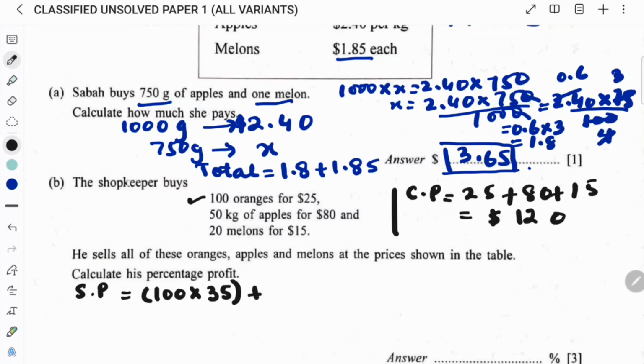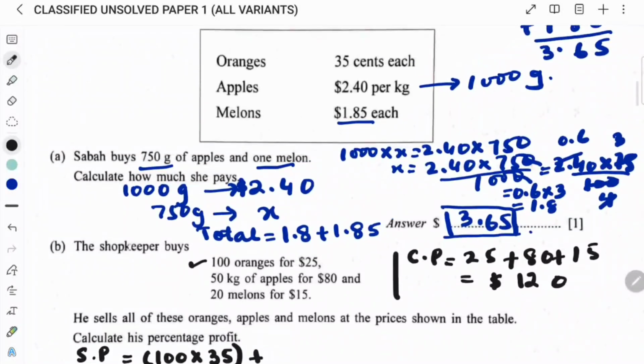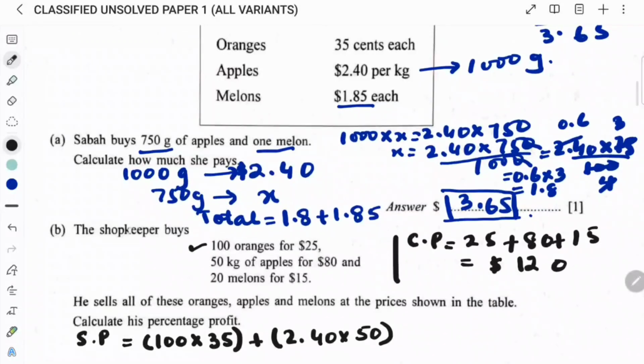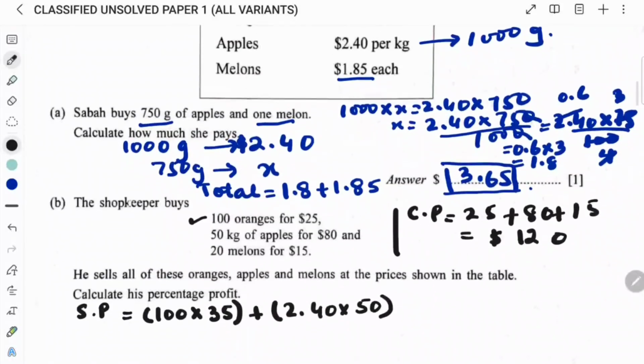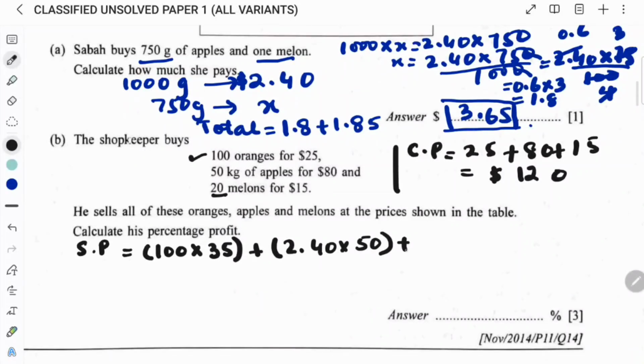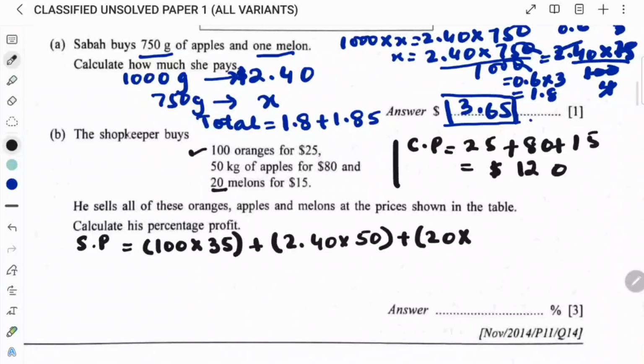Plus 50 kg of apples, so 2.40 times 50, and melons are $1.85 each, and he bought 20 melons. Okay, plus 20 times 1.85. We are going to find out all the answers and add them together.